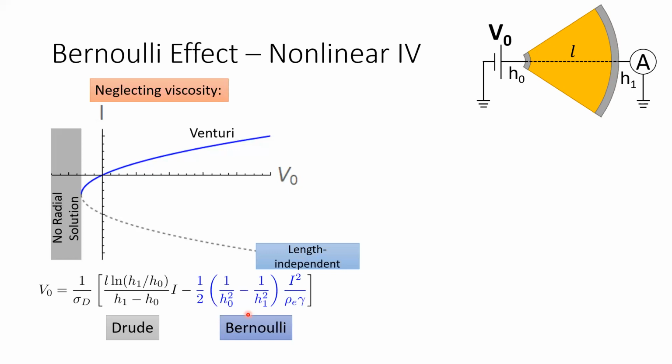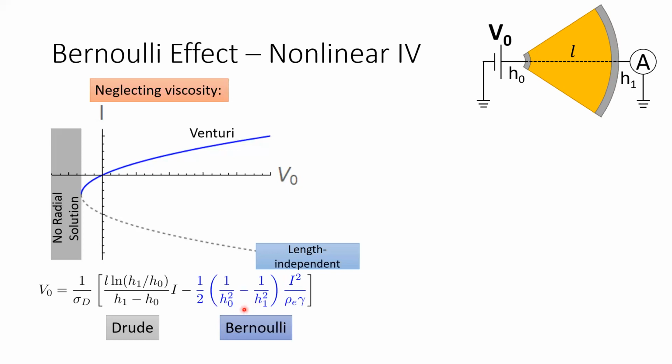The first thing is that if you look at the geometrical features, it's length independent, and only depends on H0 and H1, which are the input and output radii. As compared to any nonlinearities that may come from disorder, you could imagine making the device longer, or changing the angle of this wedge to control it and see geometric dependencies that are characteristic of this Bernoulli term.